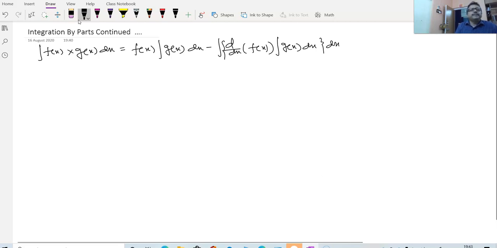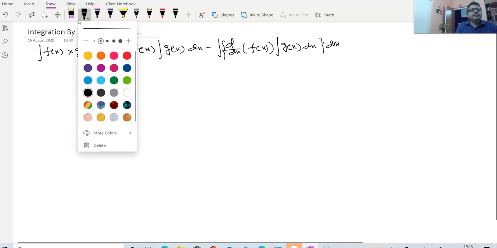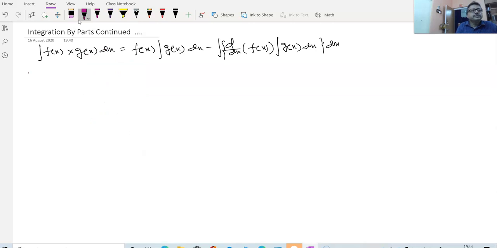The kind of sum we are going to do now, where the integrand is of this form, say I is equal to integral of 2 to the power x cos x.